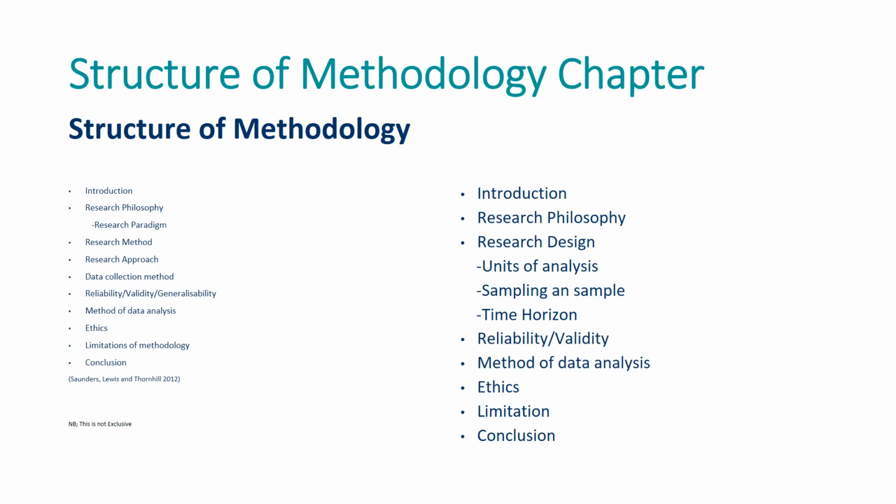It includes an introduction, the research philosophy, the research method, the research approach, the data collection method, the degree of reliability, validity, and generalizability, method of data analysis, ethics, limitations of methodology, conclusion. Again, take into consideration introduction, research philosophy, research design, reliability, methods, ethics, limitation, and conclusion.